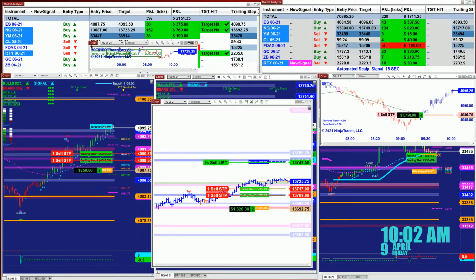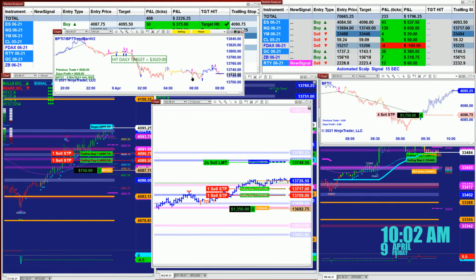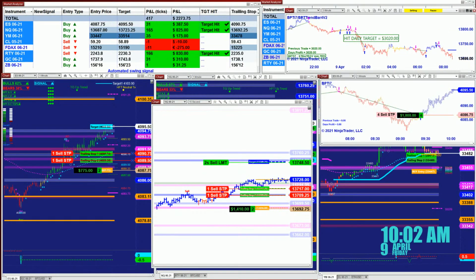The Nasdaq has already got hit. Daily target already hit, 3,020 on the Nasdaq.